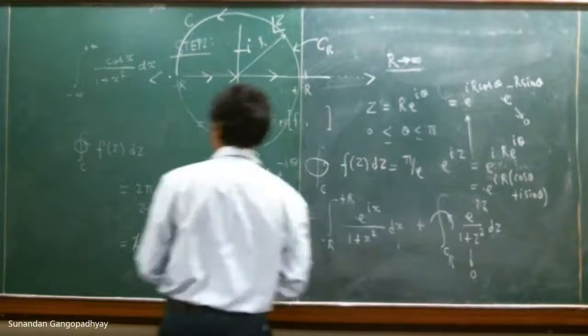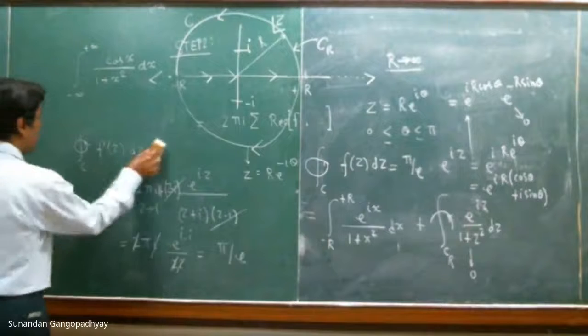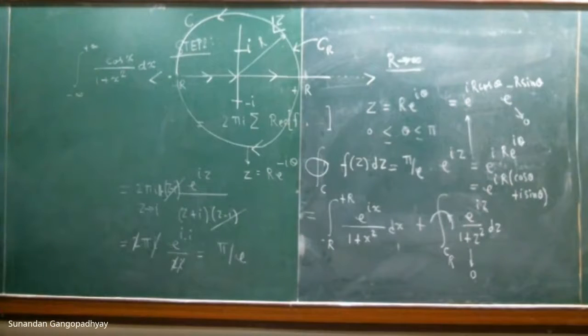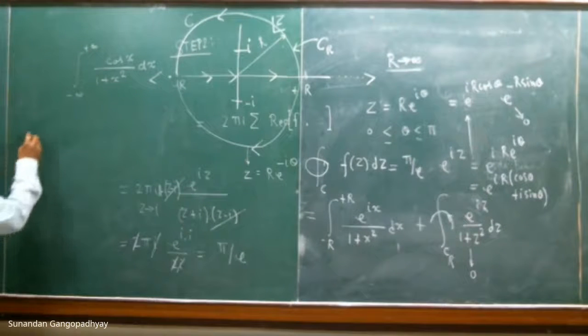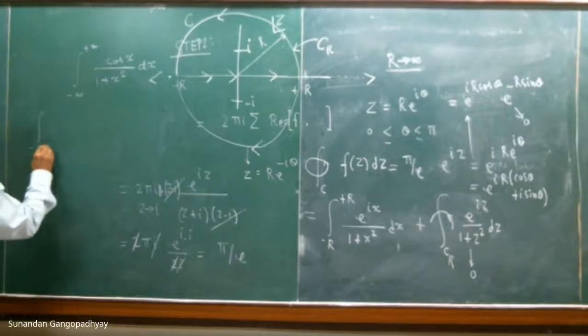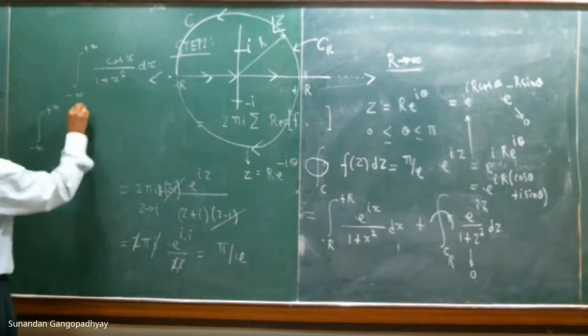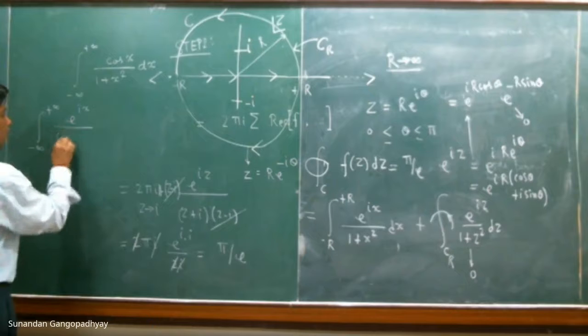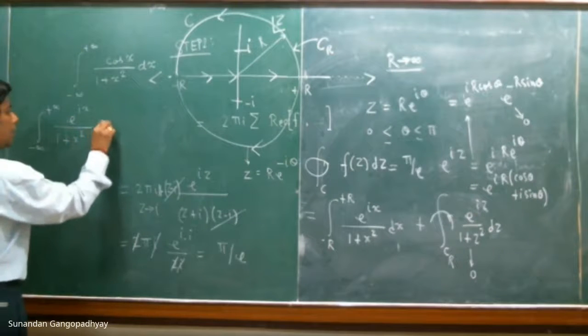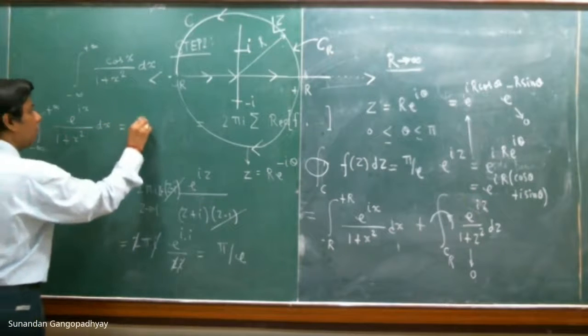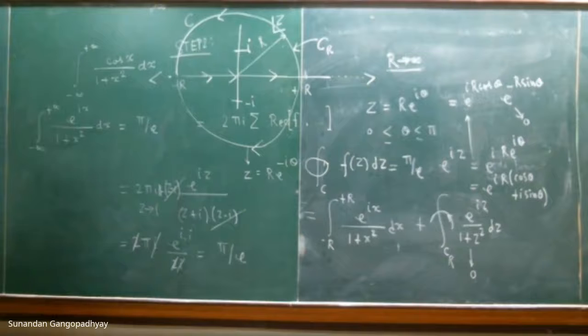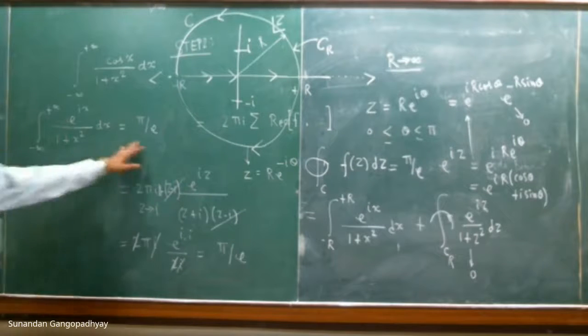This contribution is gone, and therefore we have the following. The integral from minus infinity to plus infinity of e to the power of ix over 1 plus x square dx is equal to pi by e. Okay, so this is the result.